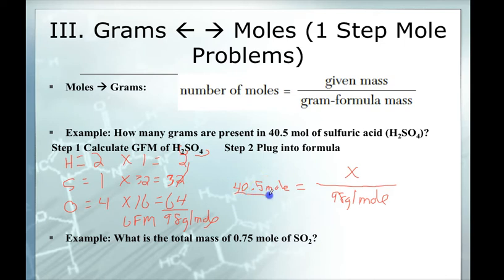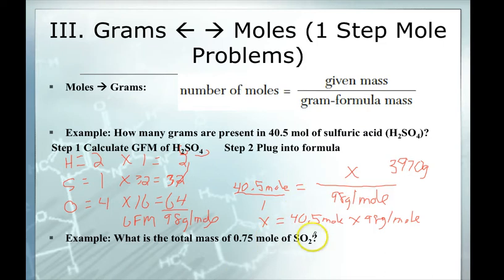So cross multiply, just put this over 1, cross multiply, so you get x times 1 is x, and then you end up with 40.5 moles times 98 grams in a mole. And I believe you get, and I could be wrong, 3,970 grams. This is the third time I've done this slide, so I'm trying to remember it from before. It might be off a little bit, but just double check it.